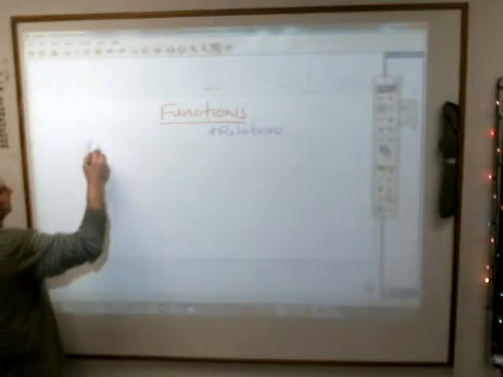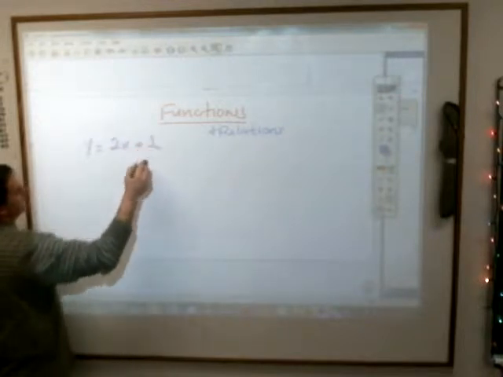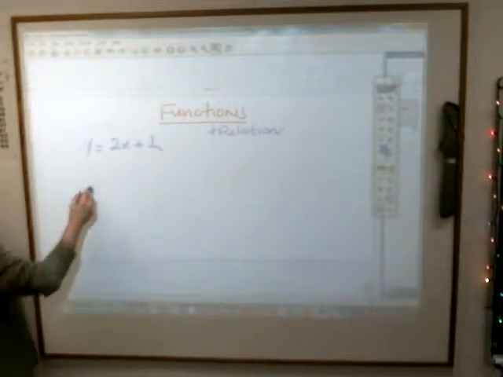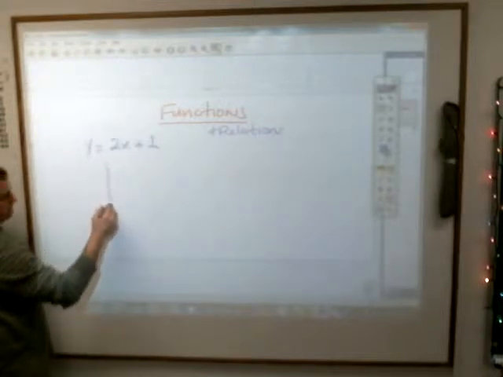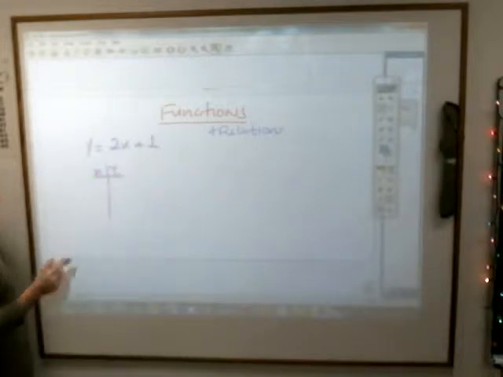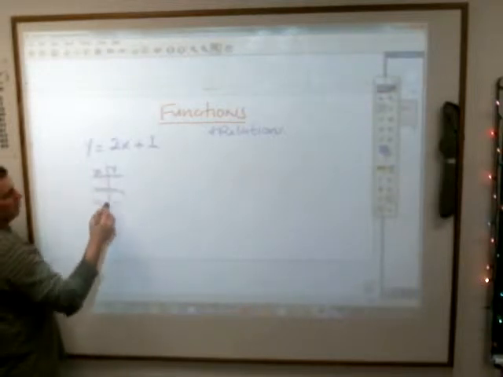If you're given y equals 2x plus 1, and if we were graphing that, remember what we did? We've done a couple different things, but one way we did it was we made a table, where you pick anything you want for x to see what y is.